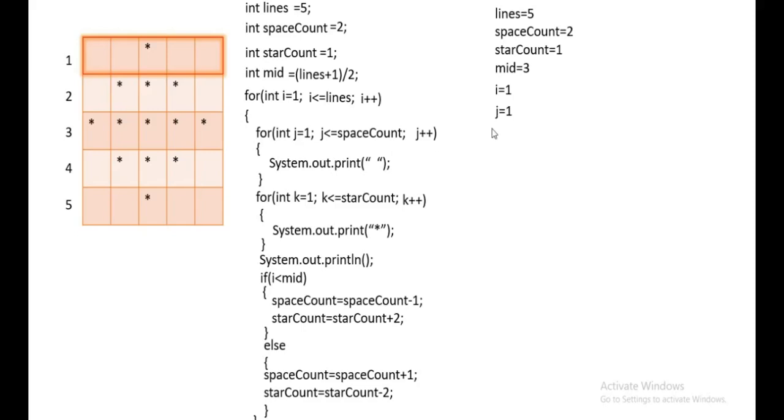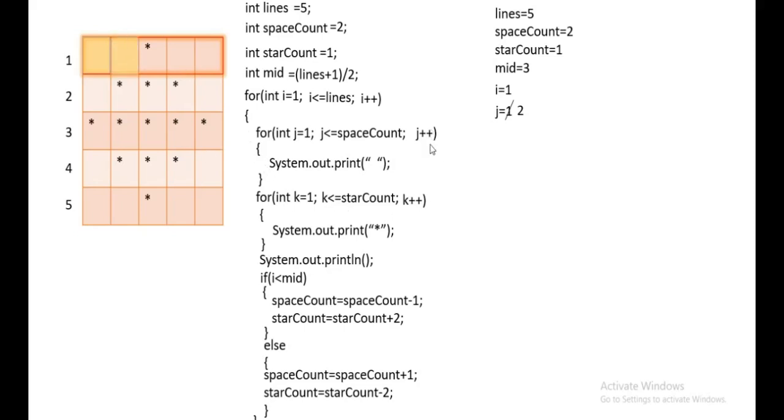int j equal to 1, j less than or equal to space count: 1 less than or equal to 2, so print a space. Then go back to j plus plus, j becomes 2, 2 less than or equal to 2, so print a space.